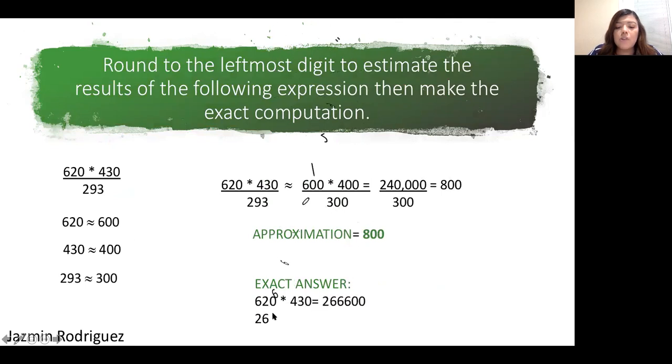We multiply 620 times 430, and we get 266,600. Once we have that, we divide it by our denominator, which is 293, and we get 909.897. So as we can see, this one is pretty close. We're only off by about 100 here. So that's going to be our approximation, and then this is our exact answer.